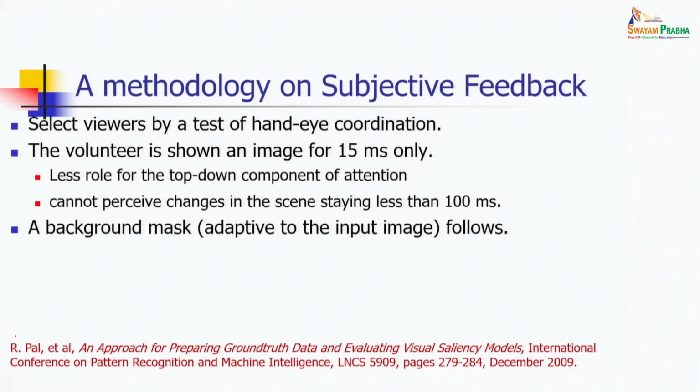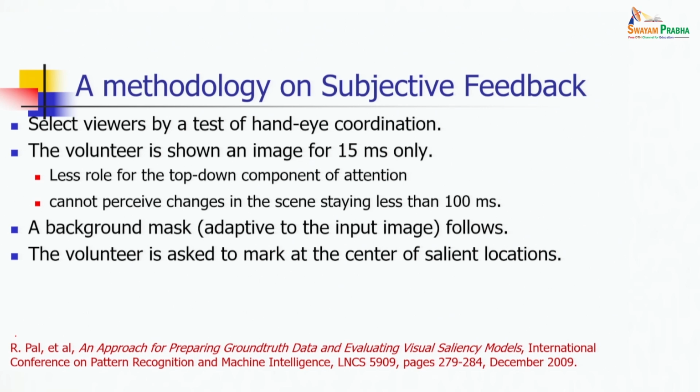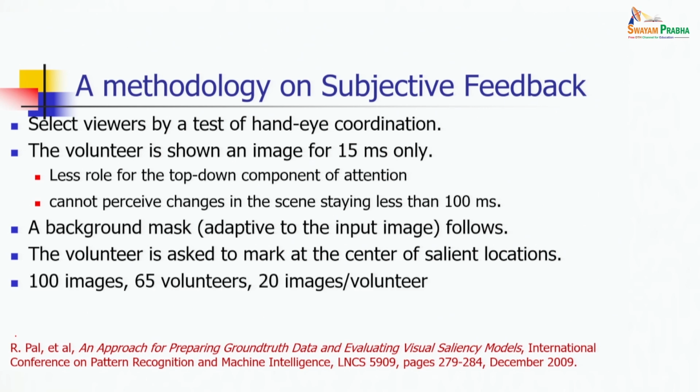Then a background mask adaptive to the input image follows. Once an image is displayed and marked, a background mask follows, and then a new image is displayed. Then the volunteer is asked to mark the center of salient locations, with 100 images, 65 volunteers, and 20 images per volunteer.